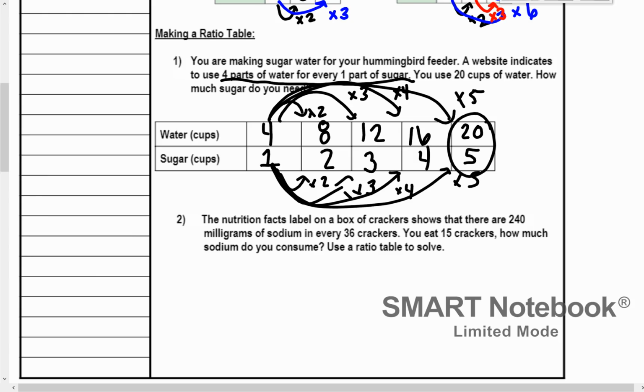Our answer to this question would be 5 cups of sugar.